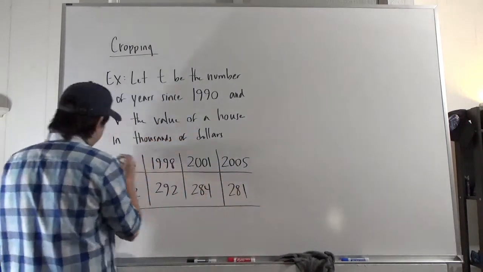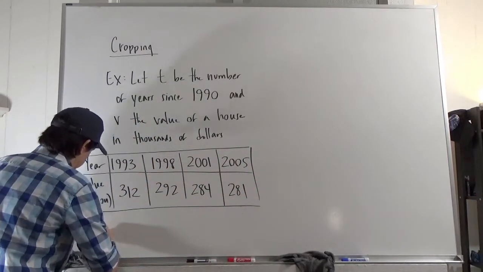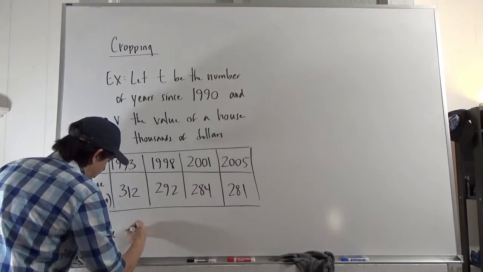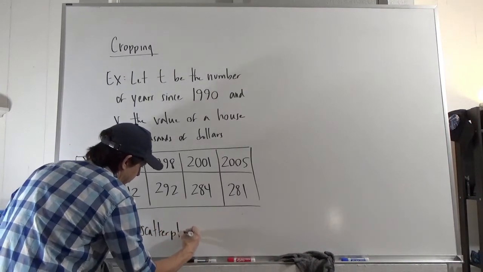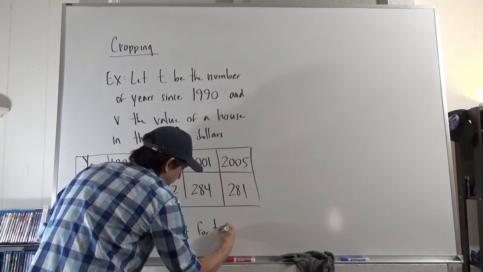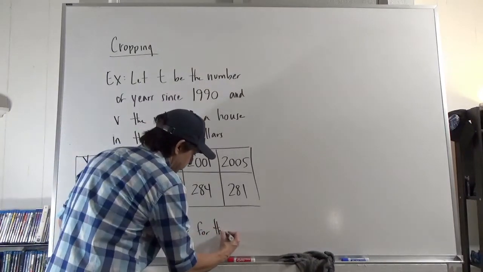Just slightly declining in value. And just do one part: create a scatter plot for the data. Using the variables as defined up here, T and V are what we're using.